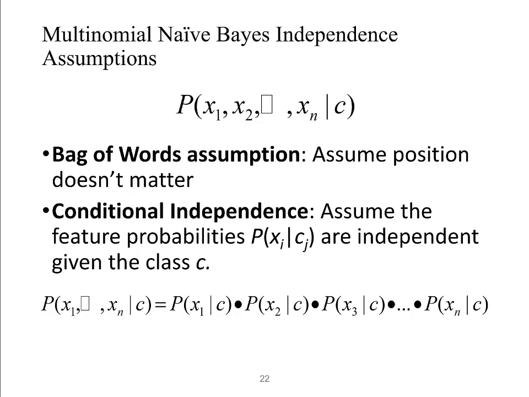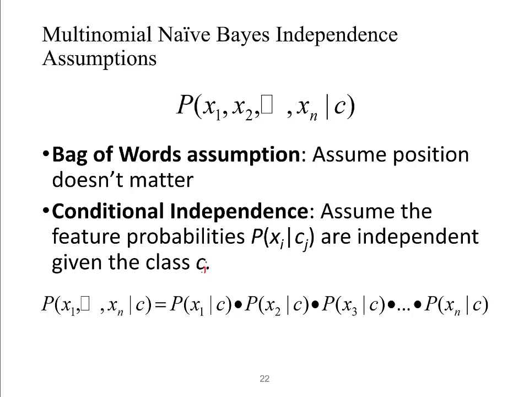That is to assume that the feature probabilities, that is the probability of xi given cj, so for a particular term, the frequency of the term given a particular class label, are independent given the class Cj. Actually, it should be Cj here.